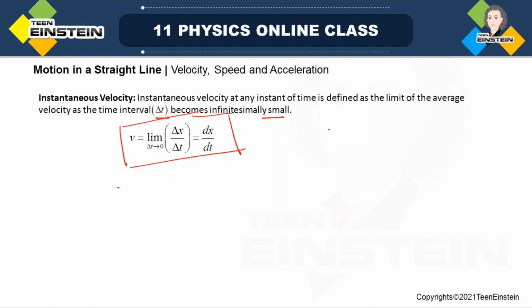We know the average velocity is delta x by delta t, the change in the position over an interval delta t. And if we take the limit of delta t tending to 0, that gives my instantaneous velocity. This is the mathematical way of writing.